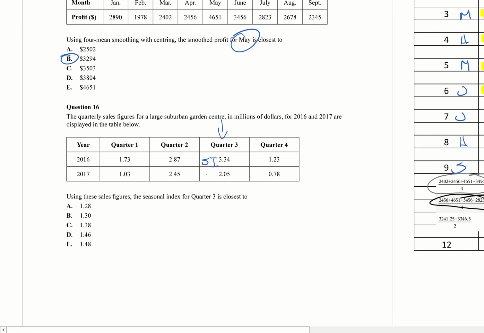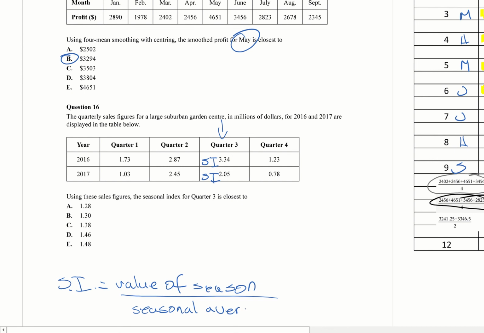Remember, we calculate the seasonal index as the value of the season divided by the seasonal average. So what we need to work out first is the seasonal average for 2016 and 2017.